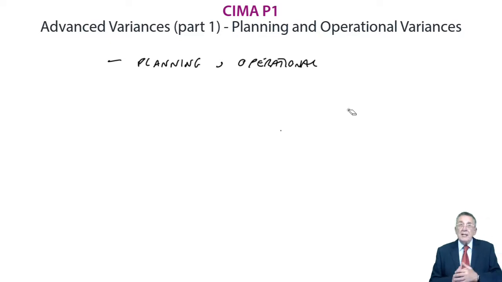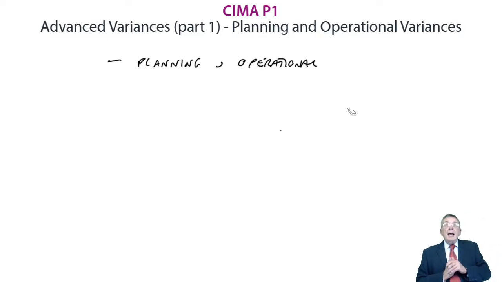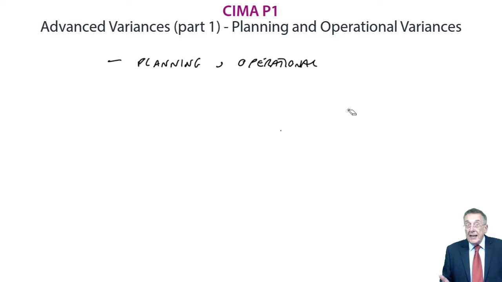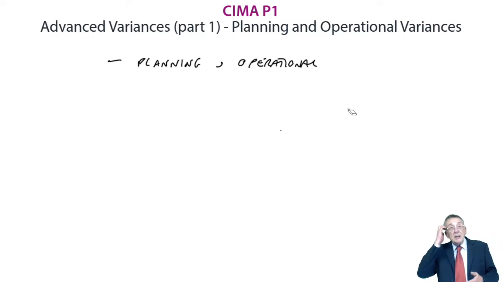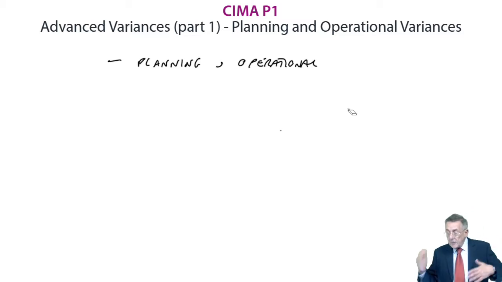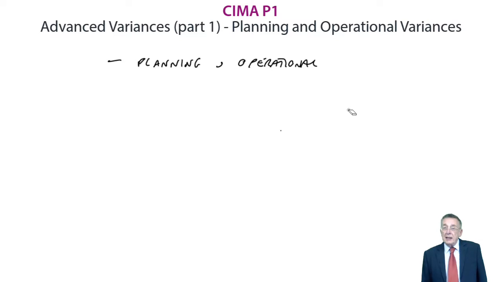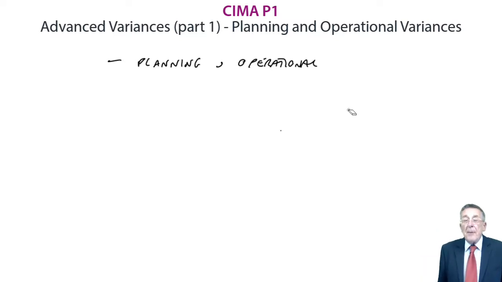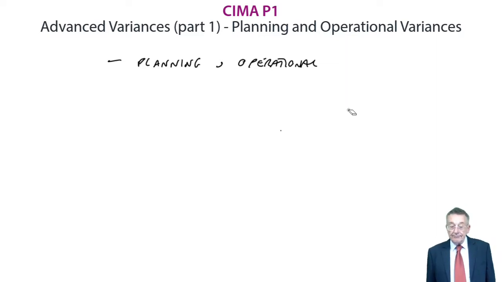And that's what planning and operational is. Planning, as you'll see, and I'll tell you why it's called that later, is looking at the factors we can't control. If the price went up, the price went down. Operational is looking at effectively our manager's performance, things we can control. Did he pay the right new price or didn't he?